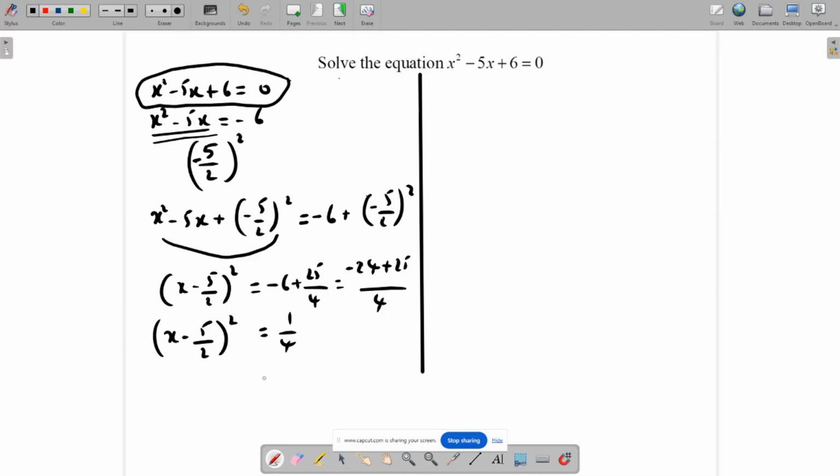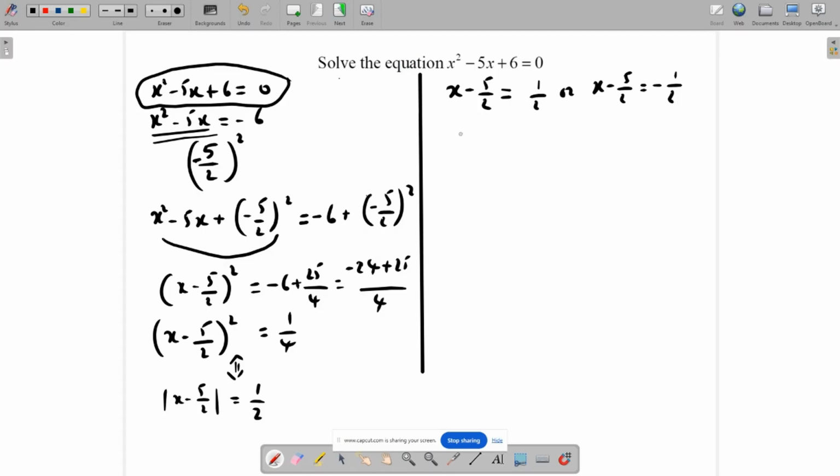So how do we solve this? This expression is equivalent to the absolute value of x minus 5 divided by 2 equal to half. In order to solve this, we will say x minus 5 divided by 2 will be equal to half, or x minus 5 divided by 2 could be equal to minus half.